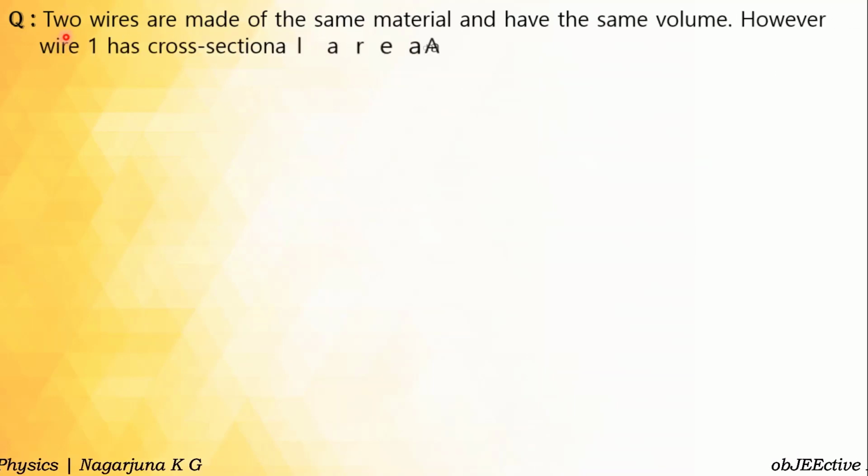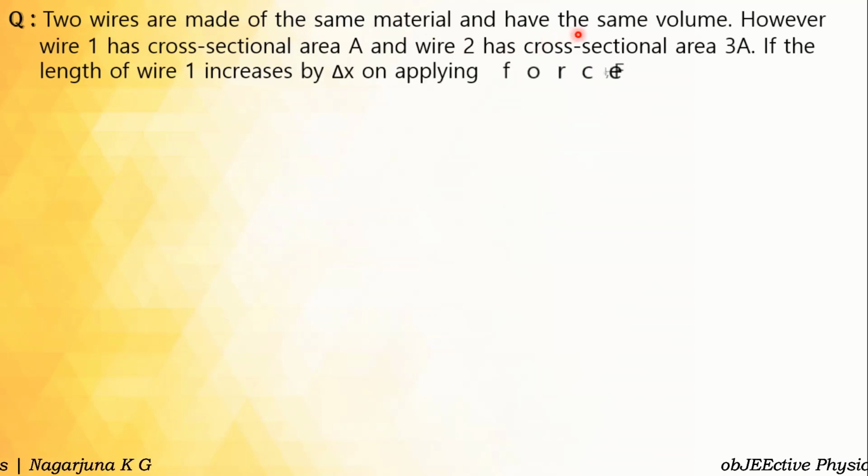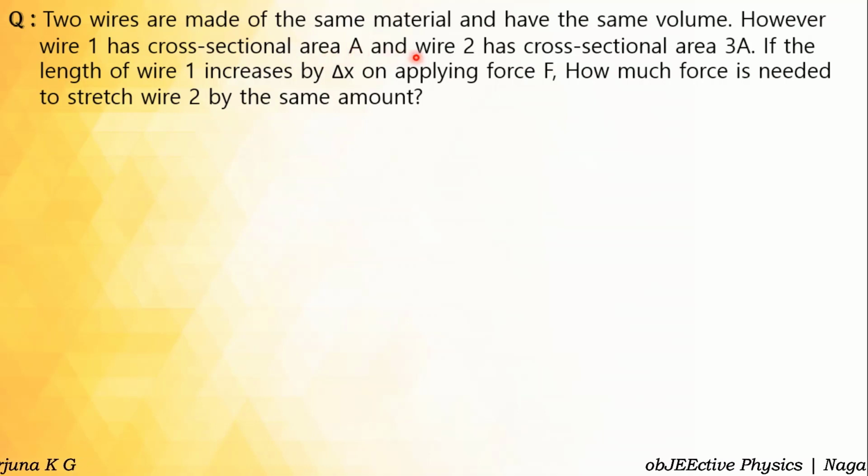Next question. Two wires are made of the same material and have the same volume. However, wire 1 has cross-sectional area A and wire 2 has cross-sectional area 3A.